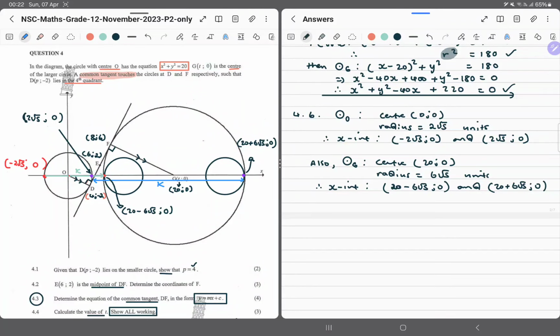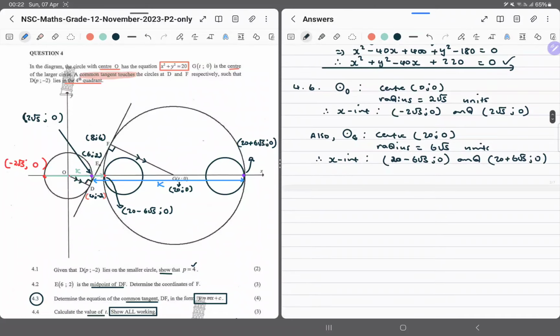Now literally, what do we want? We want k now, which is pretty easy. We can say then k should be in this manner. The first distance is going to be the distance between the circumference of this bigger circle and the circumference of the smaller circle in terms of their first coordinates.